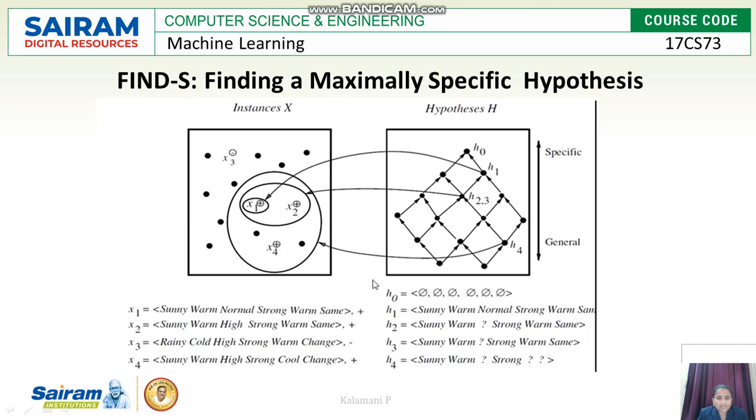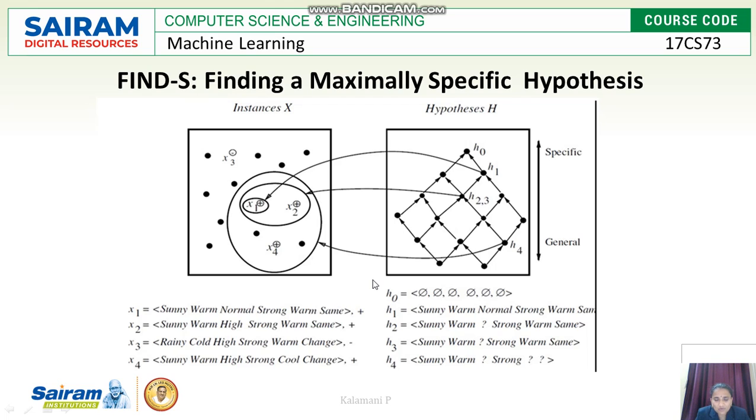So in the Find-S algorithm we are doing it like this. We have taken the 4 instances x1, x2, x3 and x4. We found the hypothesis h0, which is the most specific hypothesis; that's why it took all null values, phi phi phi.